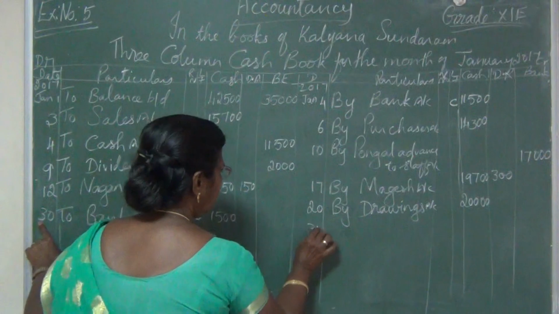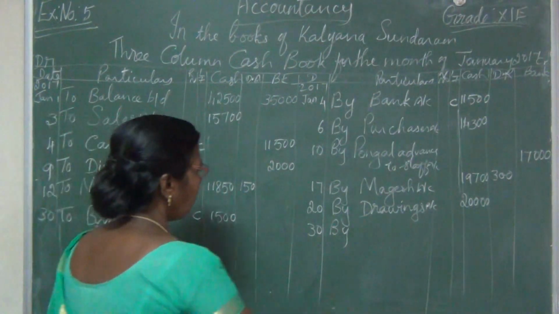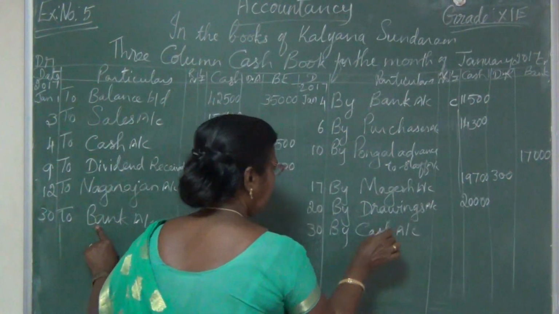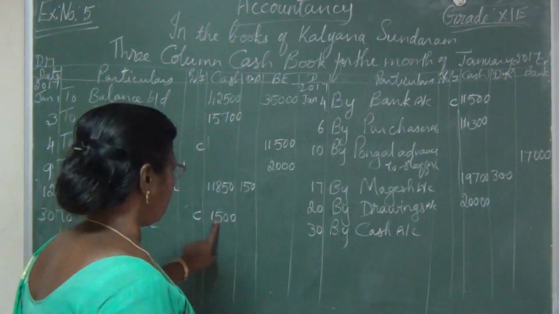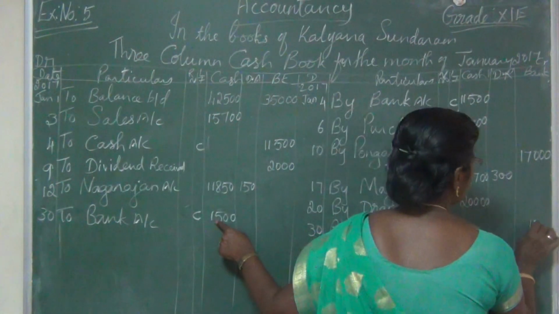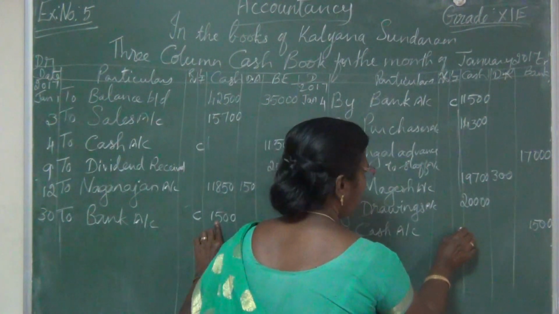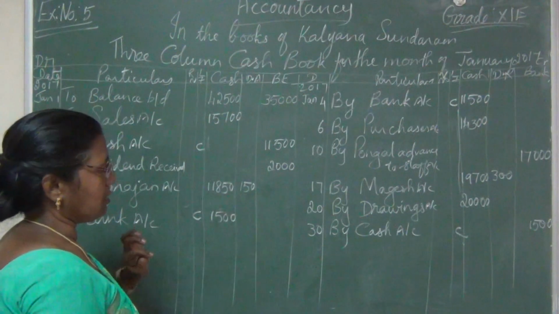So 30. Here we wrote to bank. Here by cash. Opposite we have to write. But when we write cash, we should enter the amount in the bank column, 1,500. Okay, then in the LF column you write C. Here C, there also C.